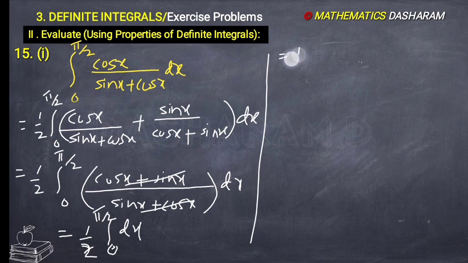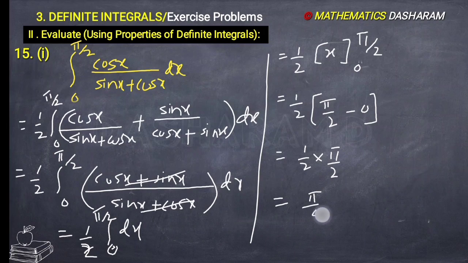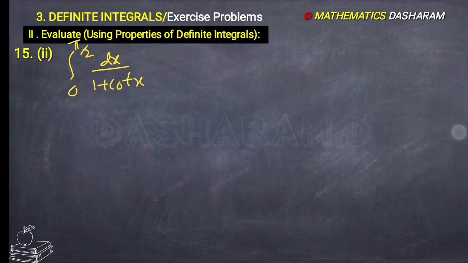So then it is equals to 1 by 2, integration of dx is x, 0 to pi by 2, so 1 by 2 substitute the upper limit and next lower limit, so 1 by 2 into pi by 2, so pi by 4 is our required answer.